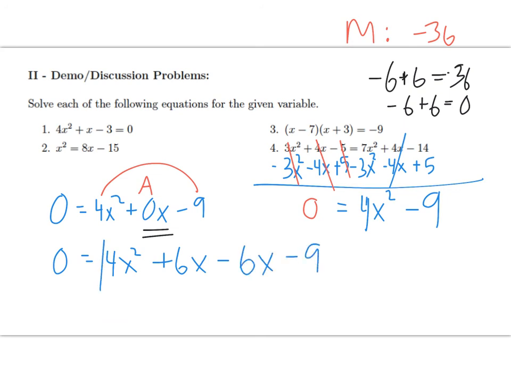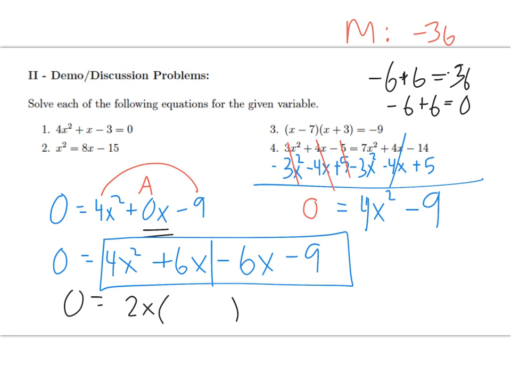Now we're going to factor by grouping. Okay, greatest common factor of 2. Greatest common factor of negative 3 because that term is negative. Watch your signs there, Mark. And so we have 2x plus 3.